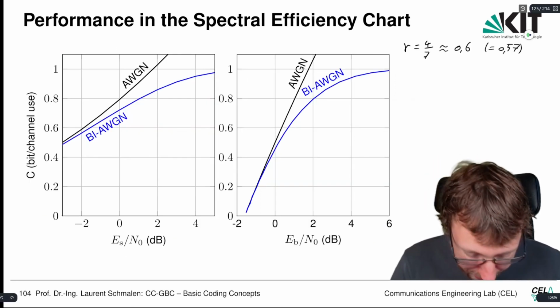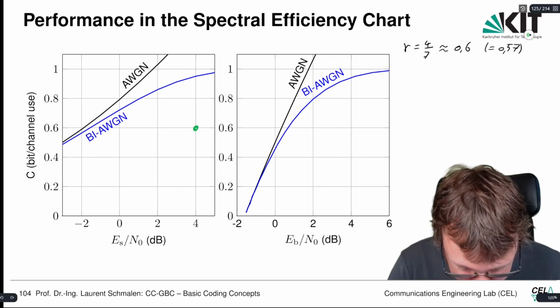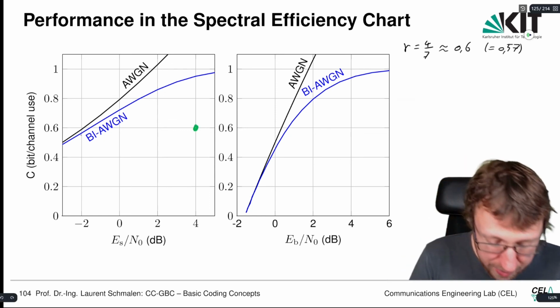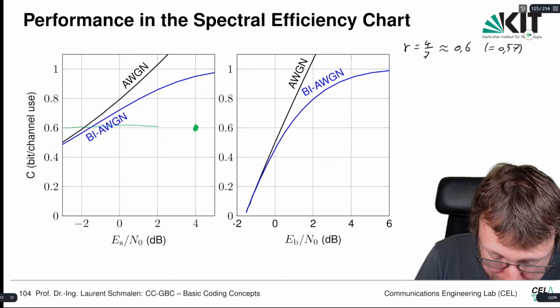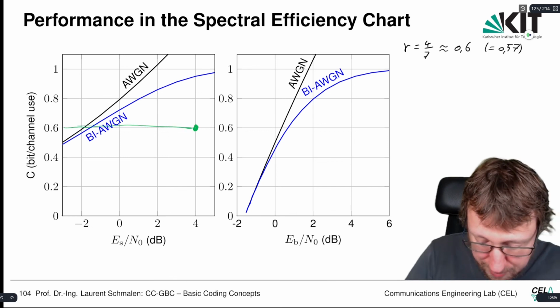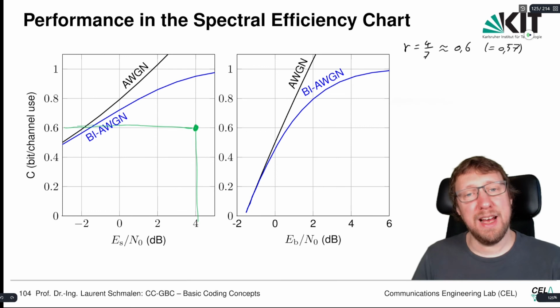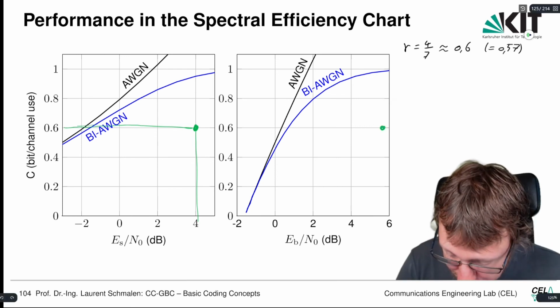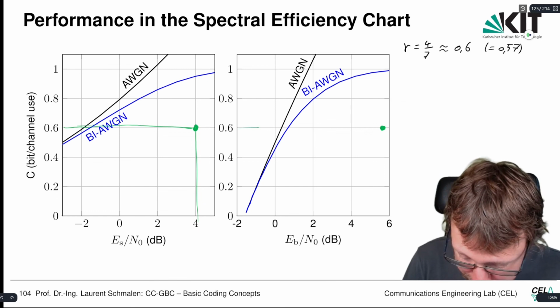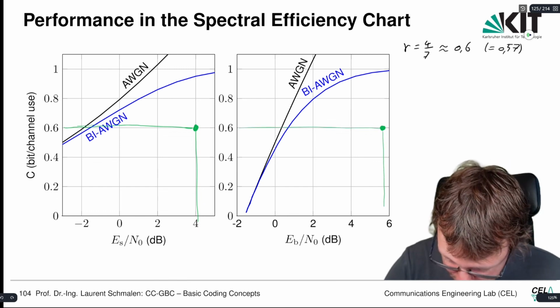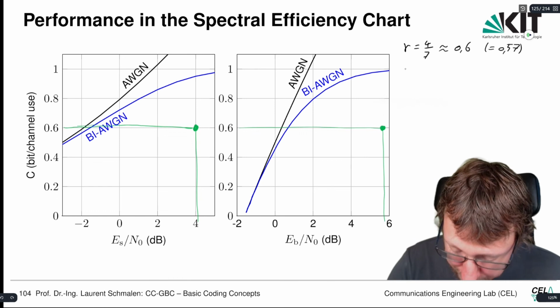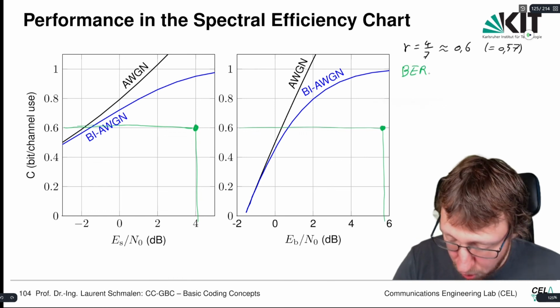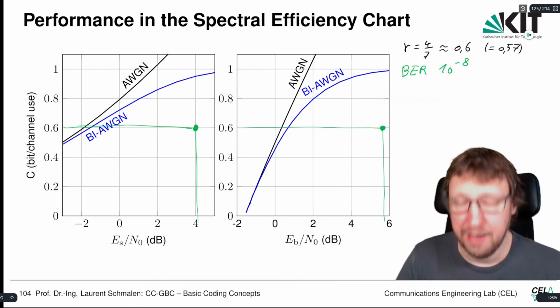So we had 4 dB, that's the operating point. So we are at a rate or capacity of 0.6, and we need 4 dB Es over N0, or 5.8 dB Eb over N0. So that's the operating point at a bit error rate of 10 to the power minus 8.